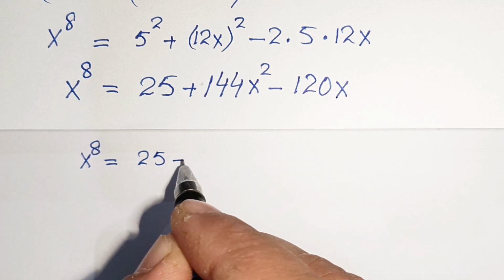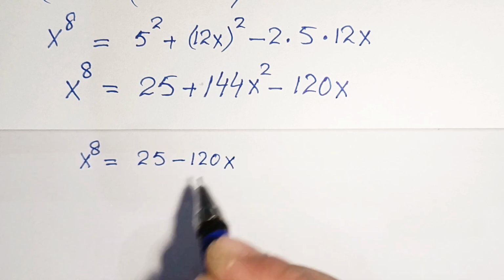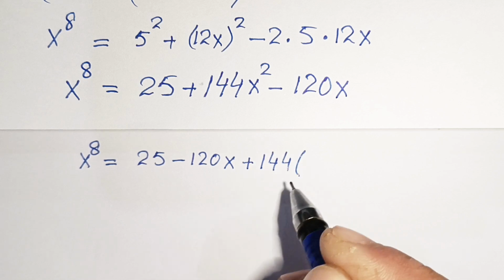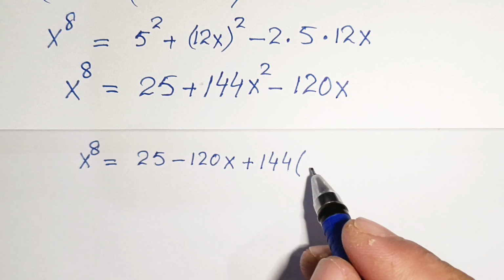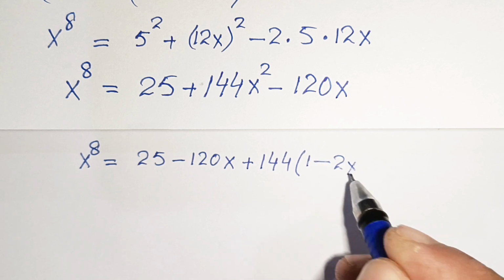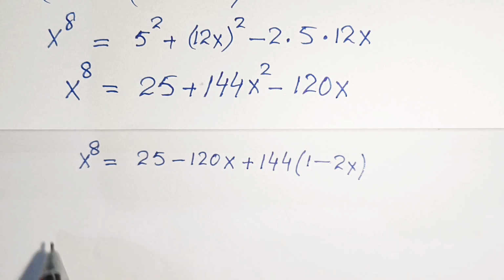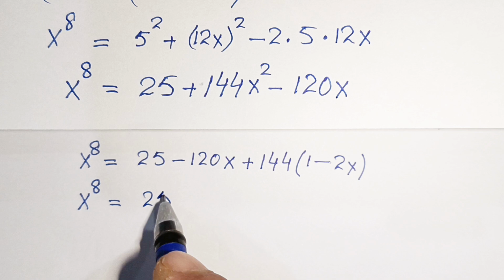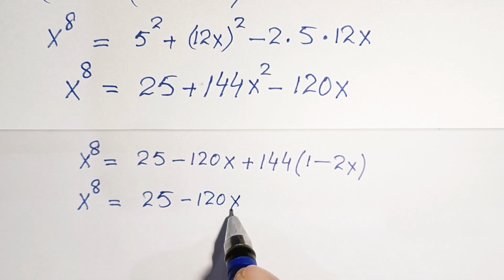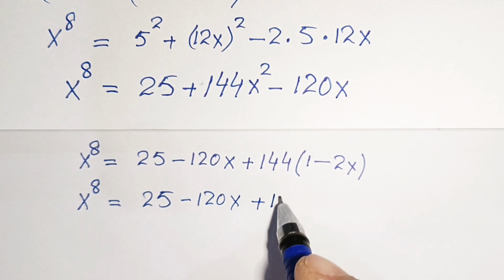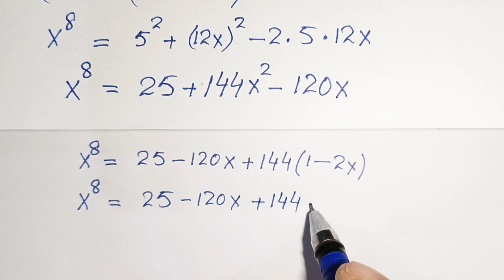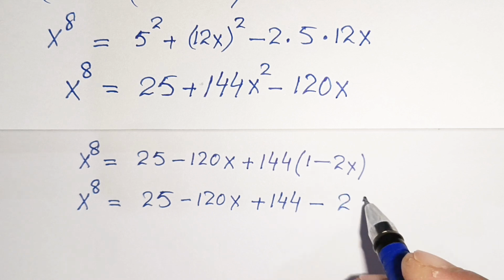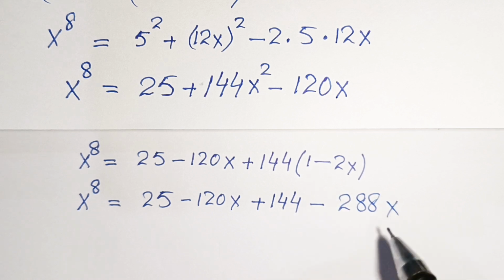If we just write minus 120x here, and this x squared, we know that x squared is equal to 1 minus 2x from equation number 2. So here we have x to the power 8 is equal to 25 minus 120x plus 144 times 1 is 144, plus times minus is minus 144 times 2, then we get 288x.